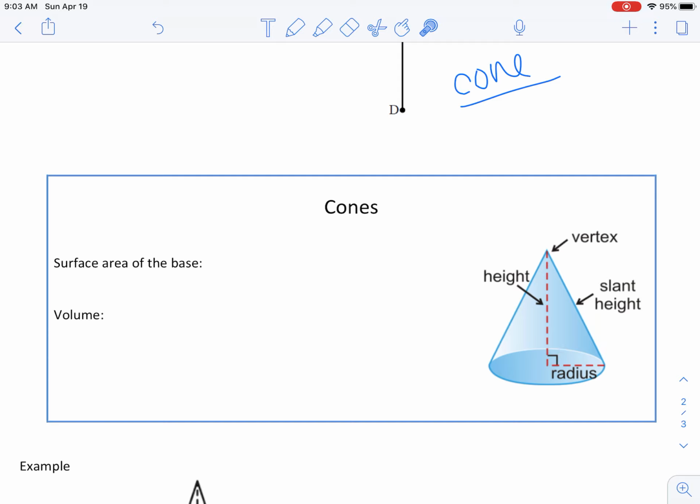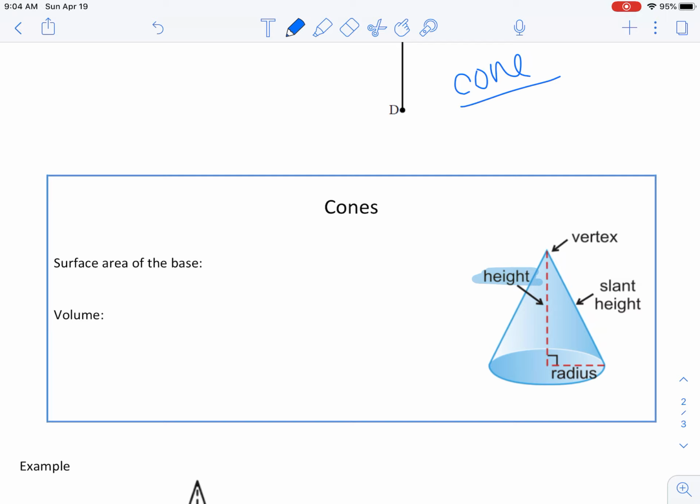It forms a right angle with the base. So this is the height. And then over here, they call the slant height of a cone. When I'm using the term height in any of these formulas, I'm going to be talking about this height. Sometimes you'll be given the slant height to work with, but the perpendicular height to the base is the important one here.